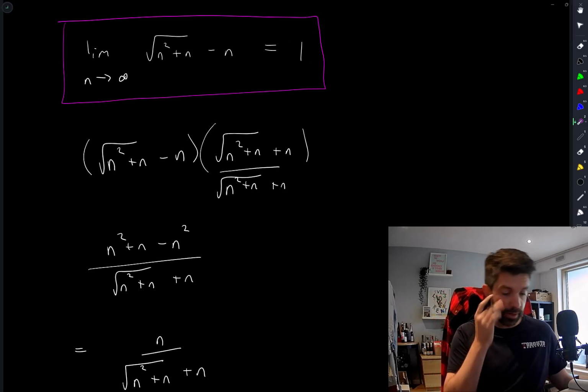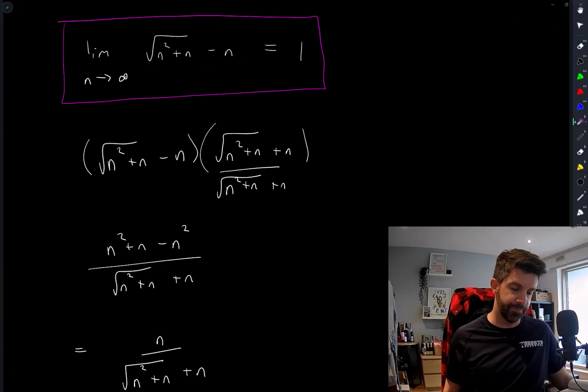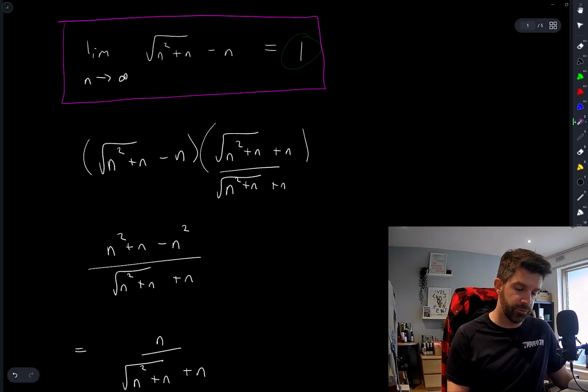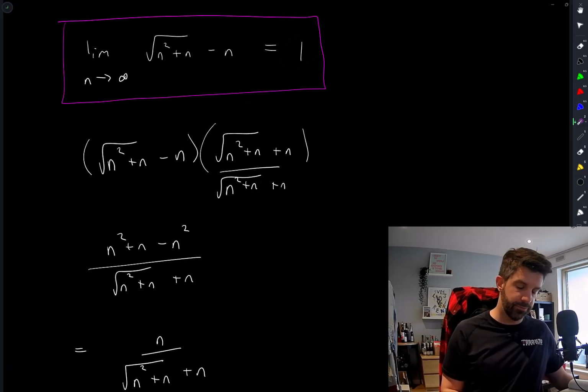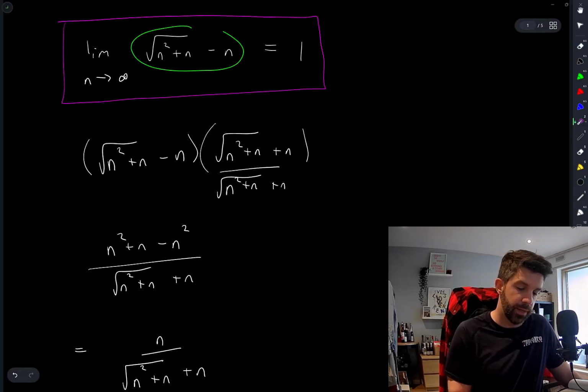Yeah, I've seen stuff like this, of course, many times, but don't necessarily remember what the result is. And I guess there's only really one approach that I think is kind of reasonable here, is multiplying and dividing by, what do you call it?